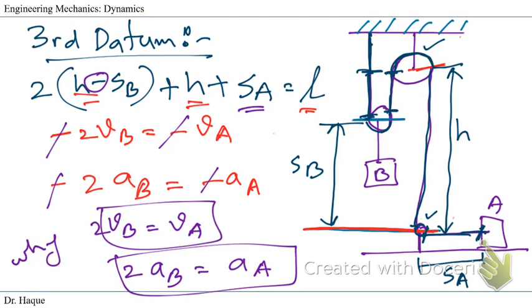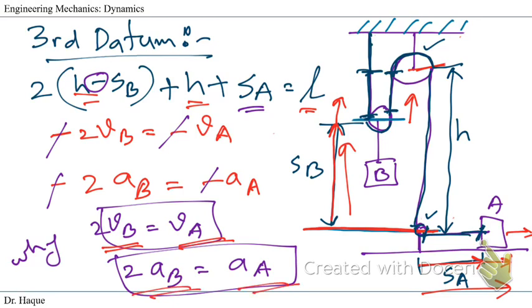This is because when SA increases from here to there, A moves this way, the pulley goes upward, and SB increases also. So when SA increases, the SB distance also increases. That's why they have the same sign, positive.